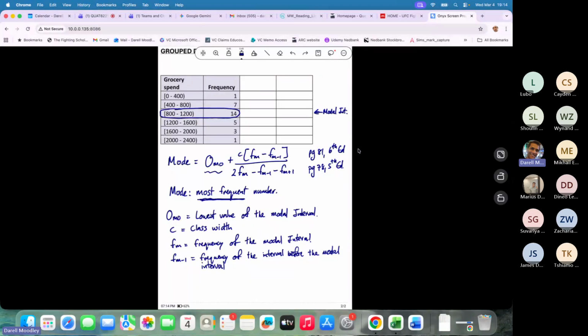And then lastly, the last symbol is FM plus 1. And that's the frequency of the interval after the modal interval.